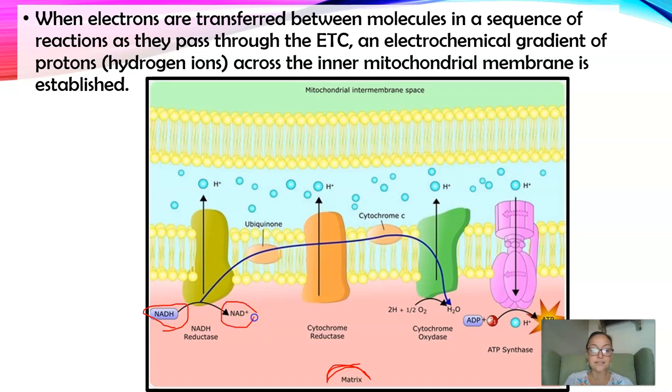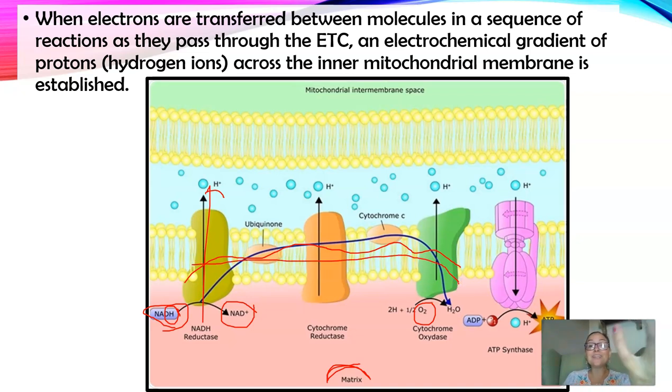So you see here, this NAD+ can be reused in glycolysis, the oxidation of pyruvate, or the citric acid cycle. Now the hydrogen that was on this electron carrier is pumped into this intermembrane space, and the electron is passed down the electron transport chain, where oxygen, which is very electronegative, is pulling and attracting those electrons down the ETC.